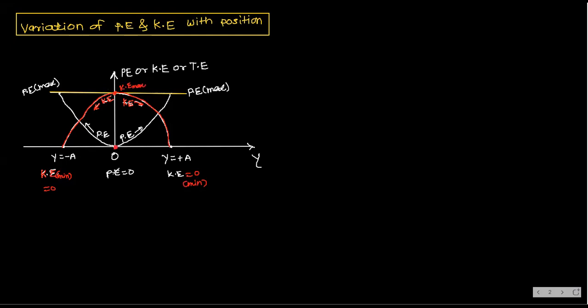So at this point potential energy is zero. At this point potential energy is maximum. And this yellow one, that is total energy, is always constant. This is total energy. Clear? Understood?